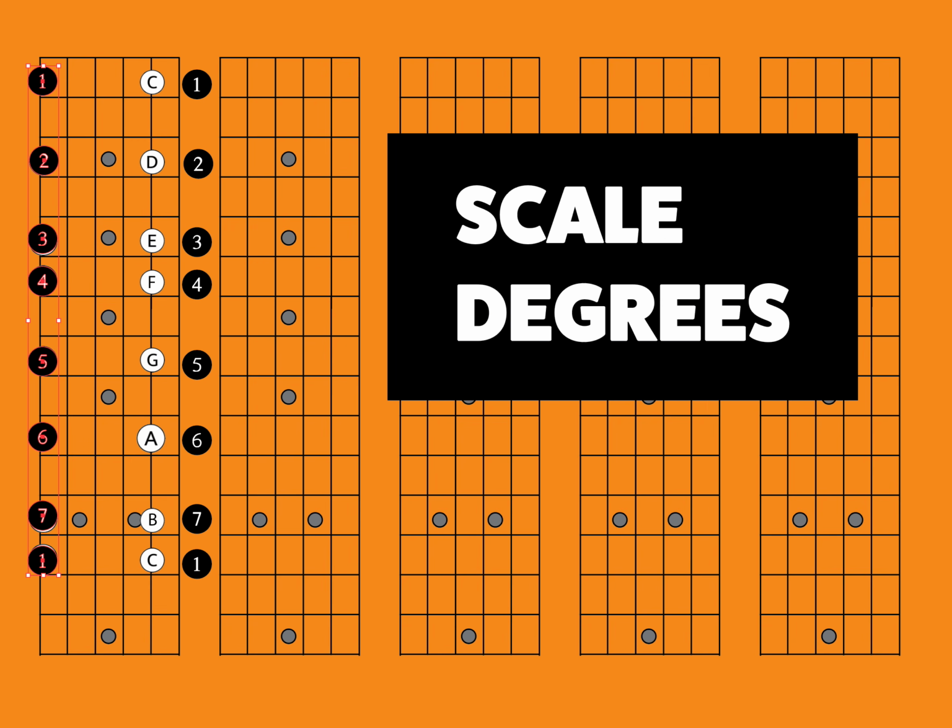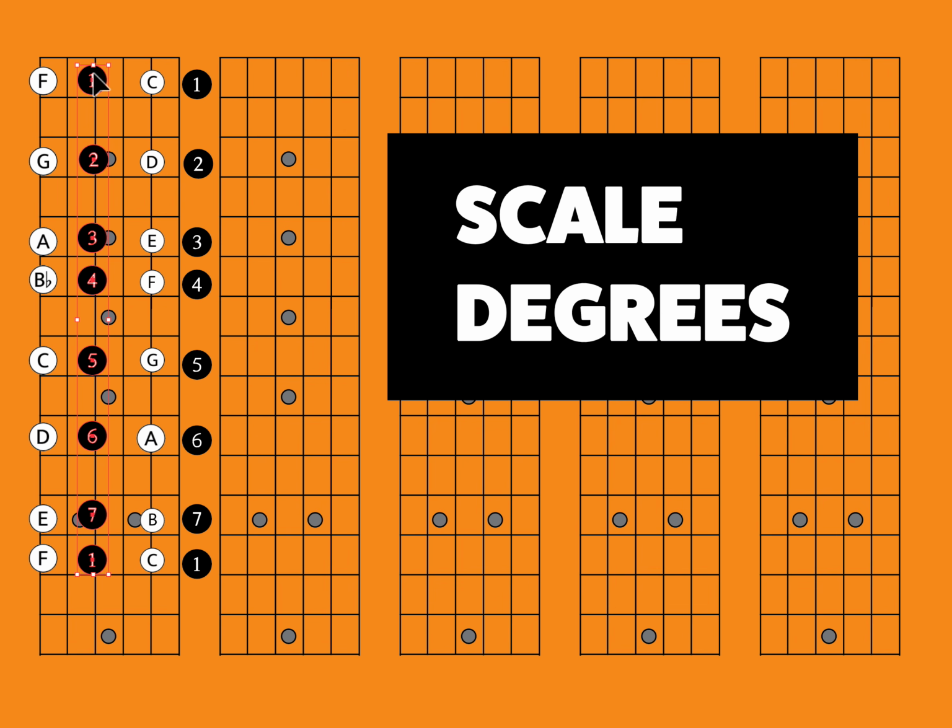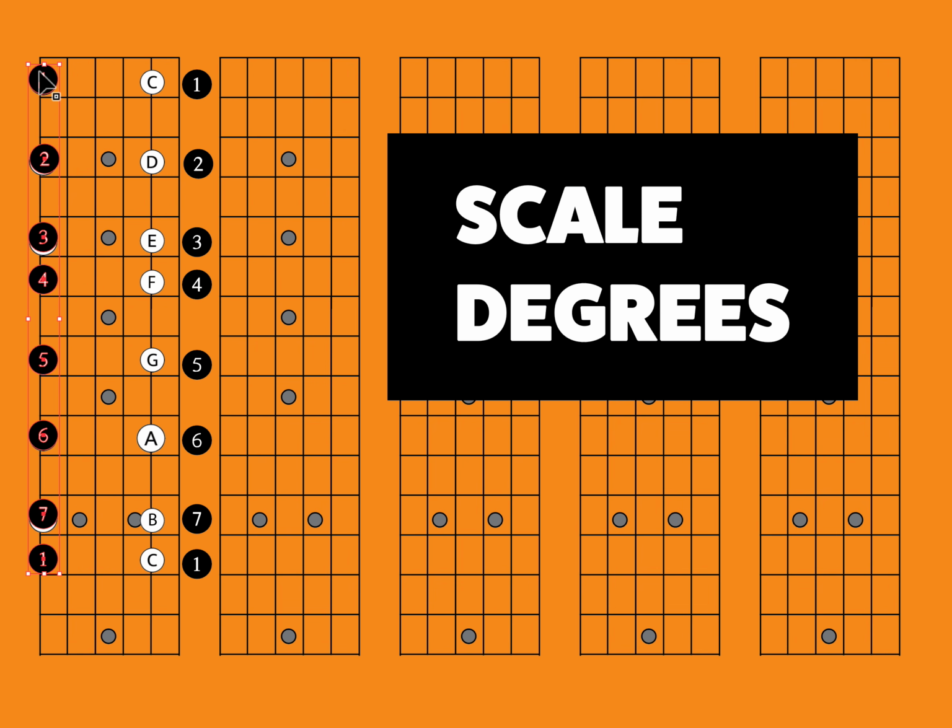If I said play the 1, 2, 3, 4 in F, then that means play F, G, A, B flat. So when we understand scale degrees, it's a way to unify everything that has the same formula under one way of talking about it.